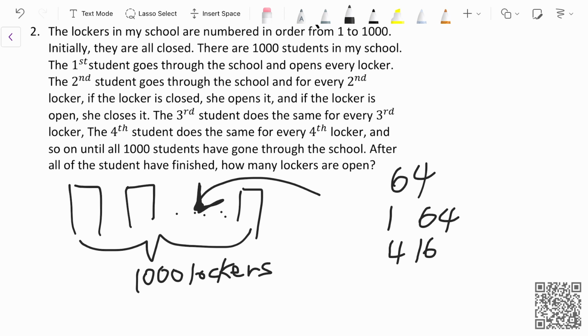But the one part of 64 that differs from 8 is that since it is the perfect square of 8, it only writes 8 once in its factors, and there is no second 8 student to open and close the locker again. So the 8 is going to throw off the entire pattern and leave it open. Since all perfect squares have this property, we're going to count all the perfect squares to see how many lockers are still open.